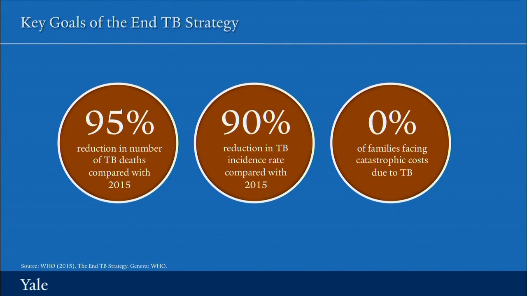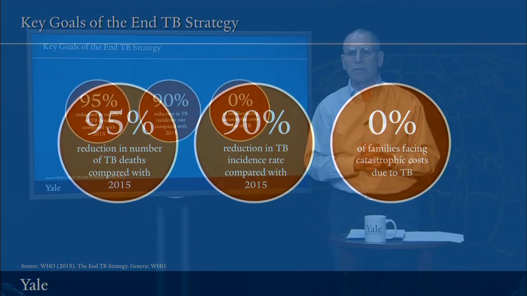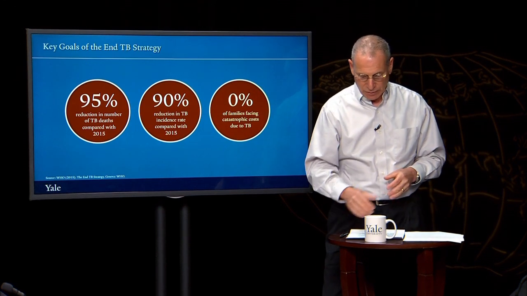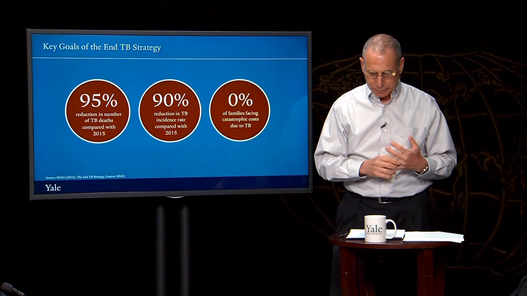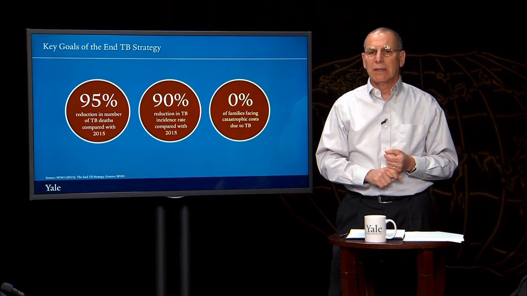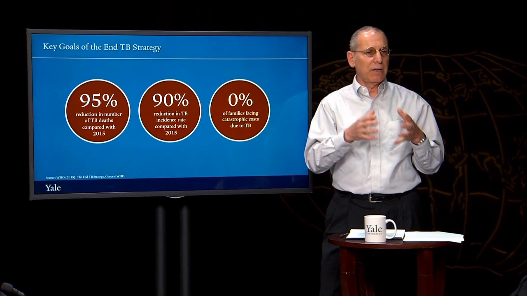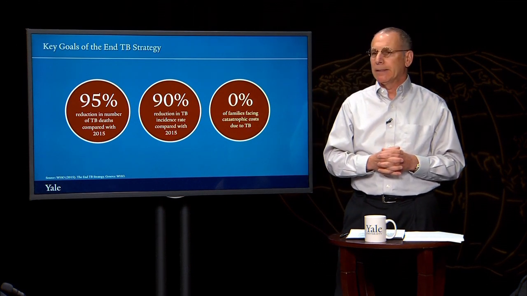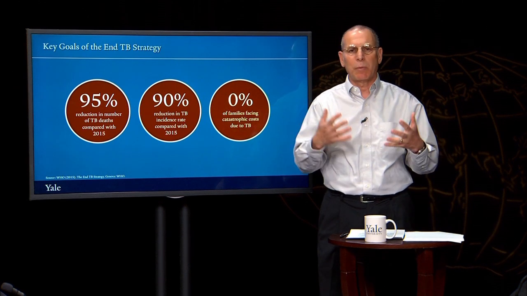Many individual countries are working hard to achieve these goals, as is the global community as a whole. But there are a number of challenges that are going to continue to be faced as the world seeks to achieve these aims. One is that a lot of tuberculosis gets treated in the private sector, where prescribing practices might be quite individualized to individual providers.